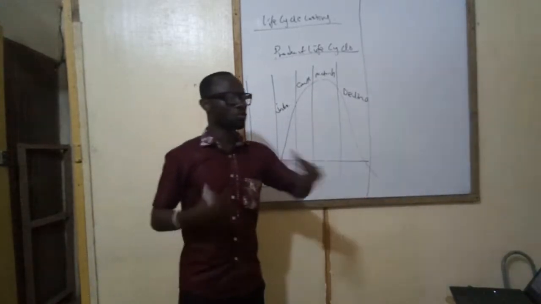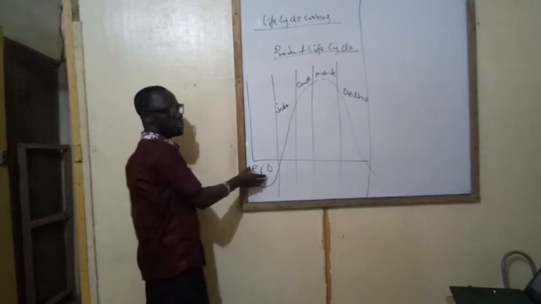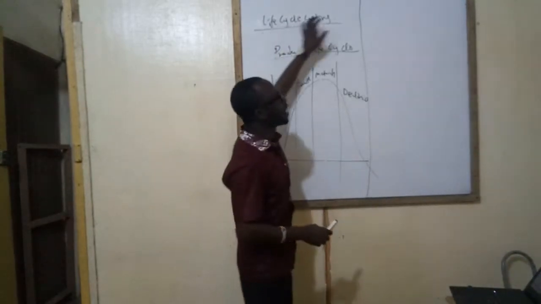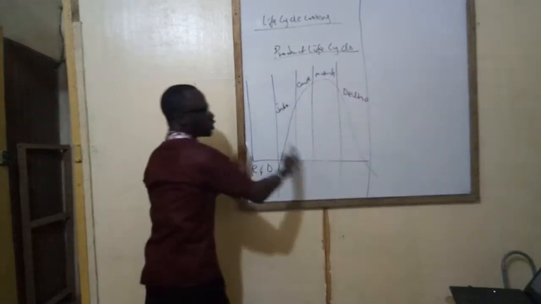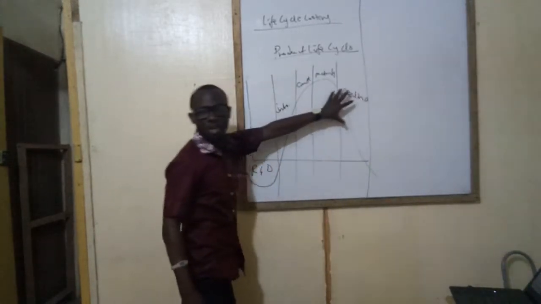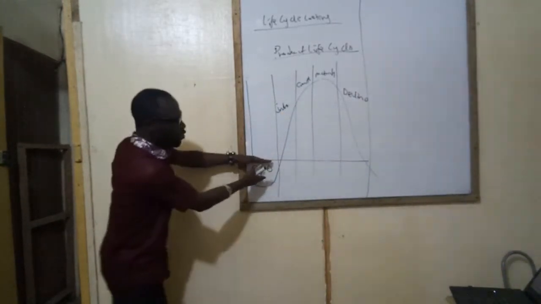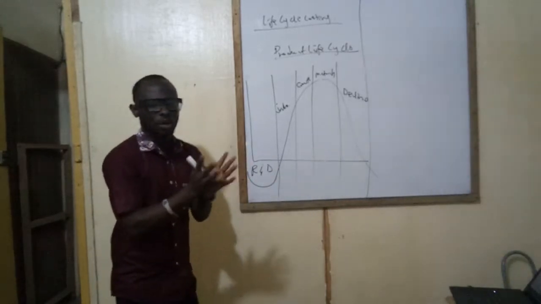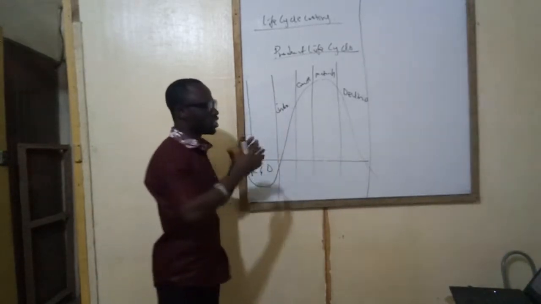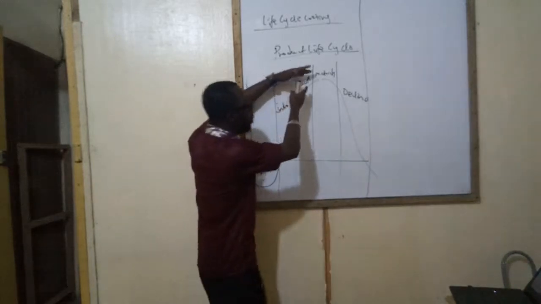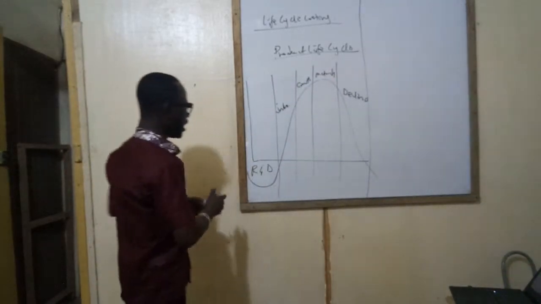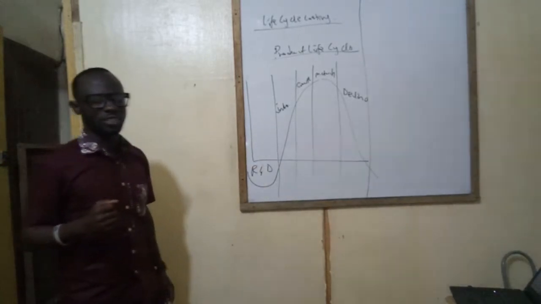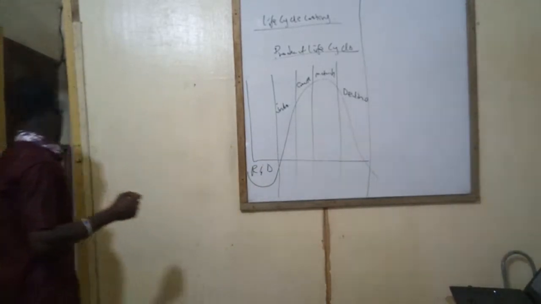But at this stage, we want to incorporate research and development, because life cycle costing has to do with calculating the total cost we are going to be incurring over the product's life. So first, research and development: how much cost are we going to be incurring there? Introduction: how much cost? Growth: how much cost? Maturity, in that order.